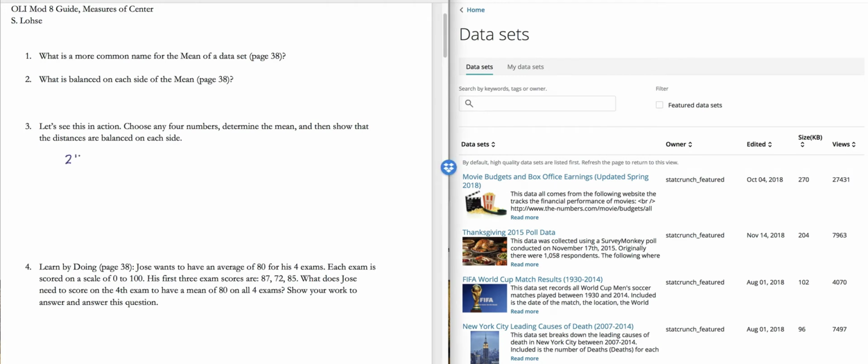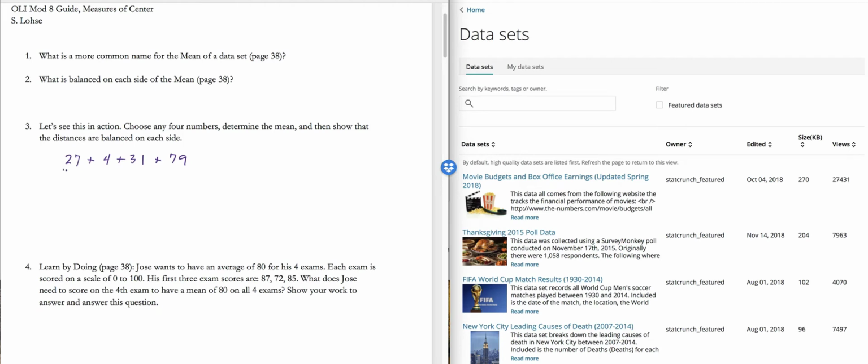I've got a 2 and a 7, so I'm going to use 27. I'm going to use a 4 and then a 31, and to get my fourth number, I'm going to go down to the next views there for the Thanksgiving poll data and pull the 79. So those are my four numbers.